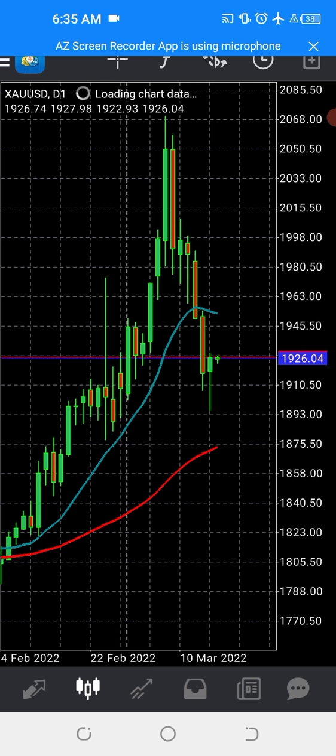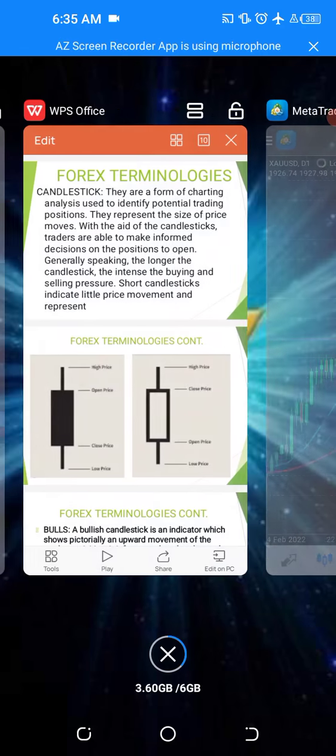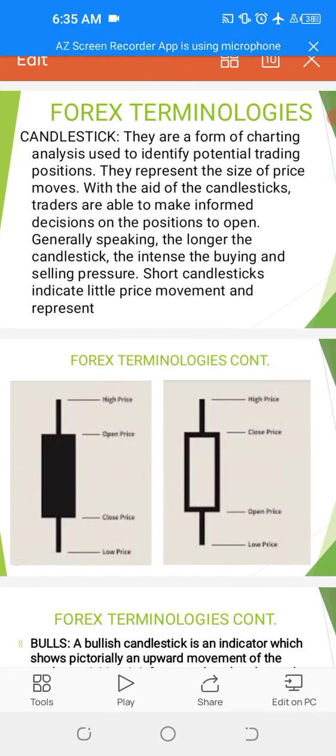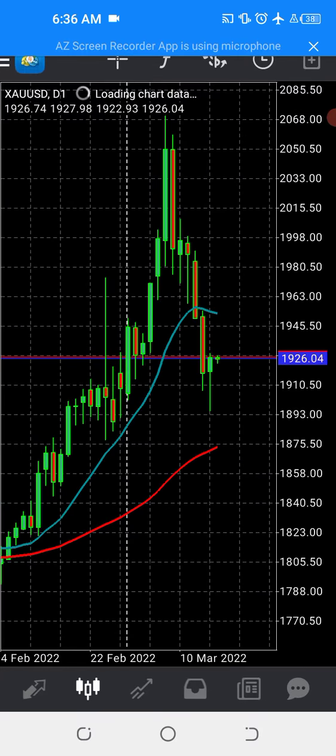Now, there are two different types of candlesticks. One is green and the other one is red. By the time you get to this stage, you can decide to use black and white or purple and yellow to represent your own.